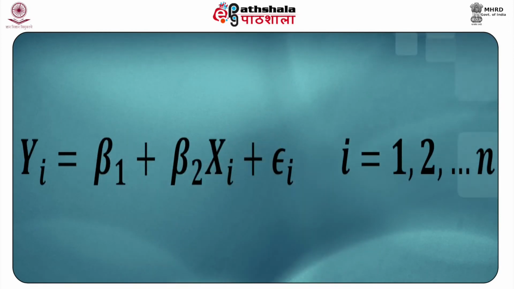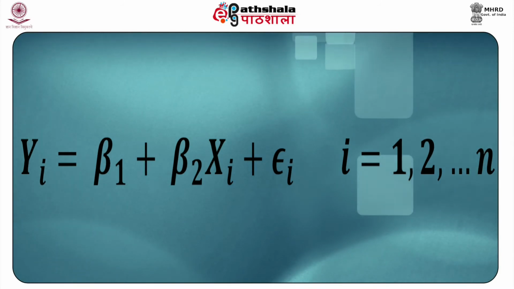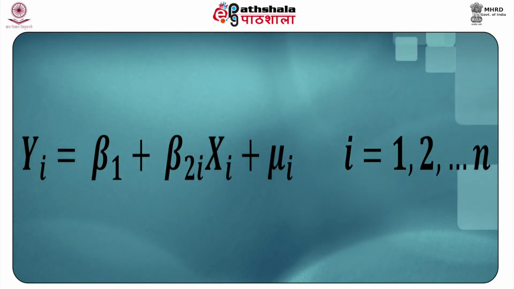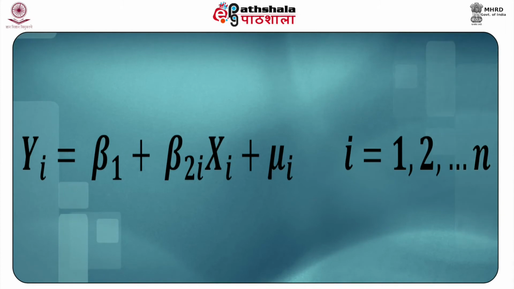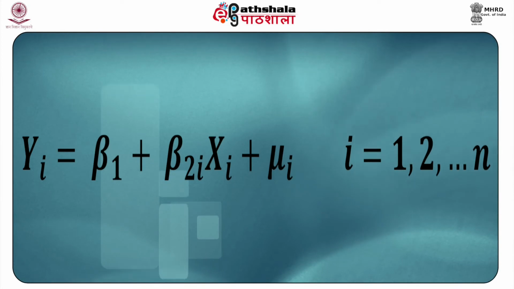Now, all the above examples suggest that although we are running a single regression through different heterogeneous units in the cross-section of the form y_i = beta_1 + beta_2 x_i + epsilon_i, where i takes the values from 1 to n, the actual regression is y_i = beta_1 + beta_2 x_i + mu_i, where i again takes the values from 1 to n, a regression in which slope coefficient beta_2i varies across observations.